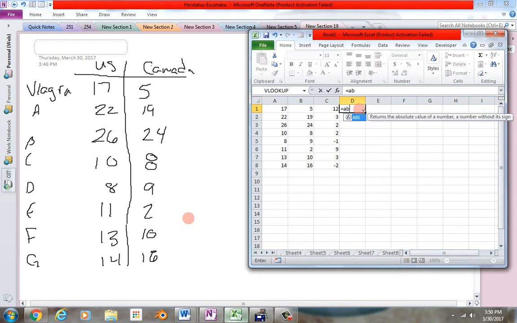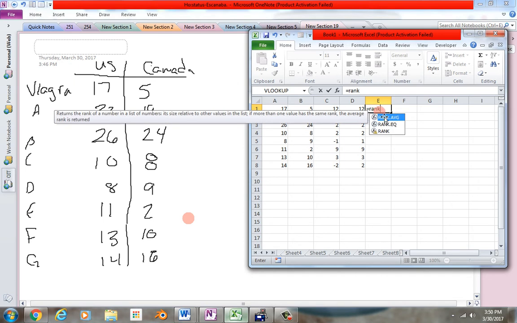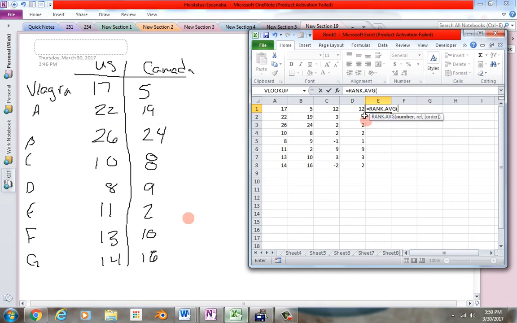So ABS, we're going to find the absolute value of those differences. Now we're going to rank them. So RANK.AVG, this guy with respect to his population, like so.